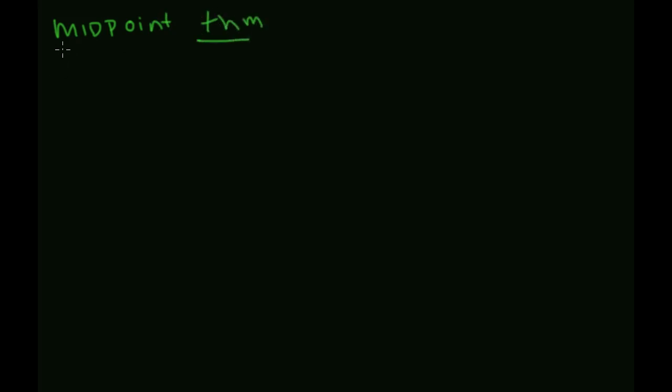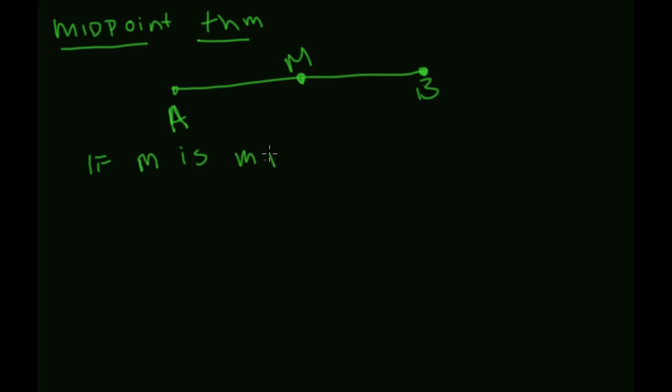And the basic statement of this is that if I have a line segment, and let's call the line segment AB, and the point M is the midpoint, so it's the midpoint because AM is congruent to MB, then the theorem states that if M is midpoint of segment AB, then we get actually 2 conclusions here.